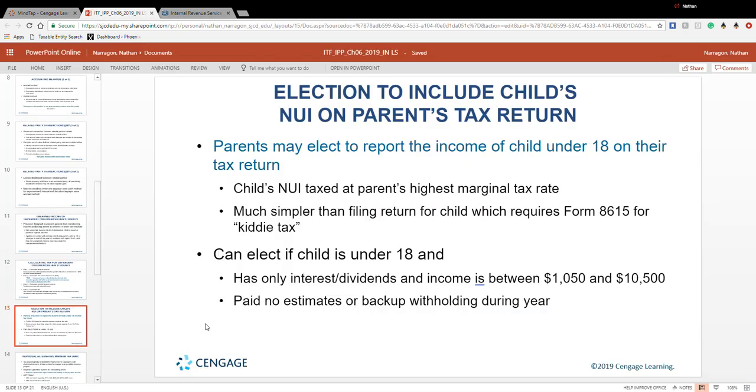So parents can elect if the child is under 18 and has only interest and dividend income between $1,050 and $10,500. This is why I said that example C feels like they would have to file on their own, but because their NUI is roughly between $1,050 and $10,500, they are still considered able to be elected.